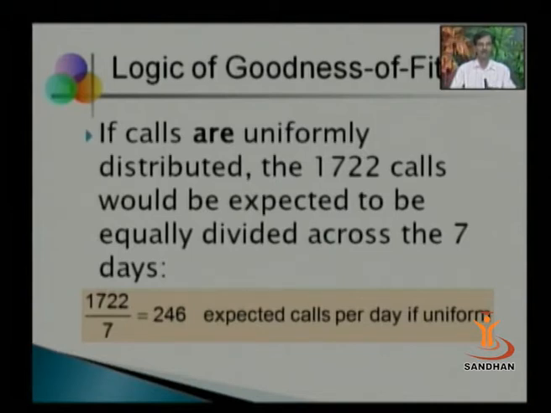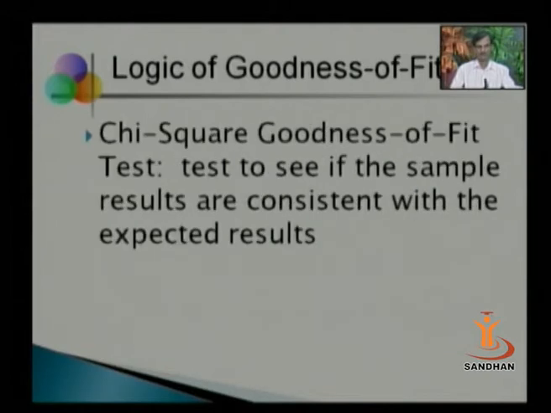That means on an average per day the expected number of calls equals 246, that is the total number of calls divided by 7 days of a week. So the expected frequency per day is 246 if we assume uniform distribution.